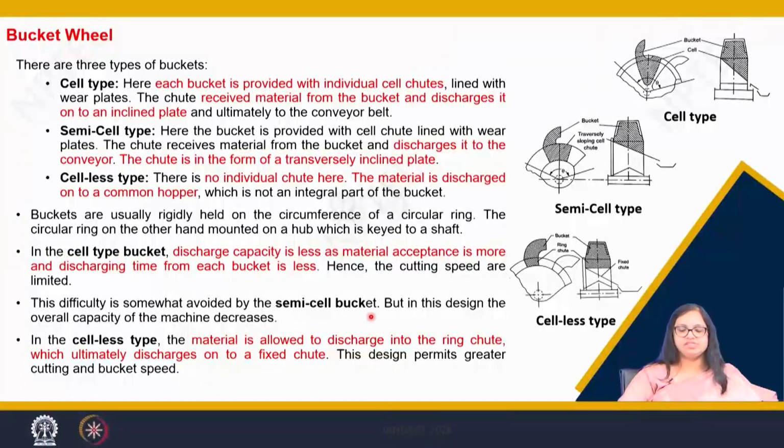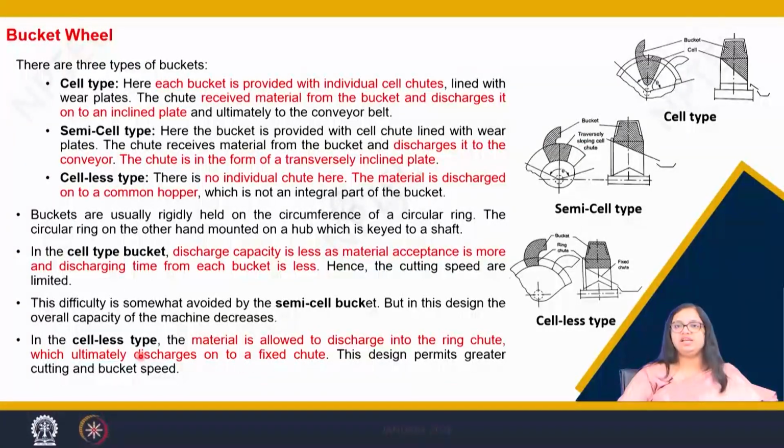However, in the semi-cell bucket type, the discharge problem was somewhat avoided. However, in this design, the overall capacity of the machine decreases because there is a bucket and then there is a sloping cell chute from which it again has to discharge onto the conveyor belt.